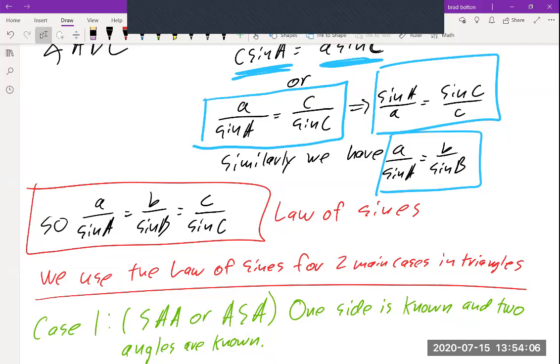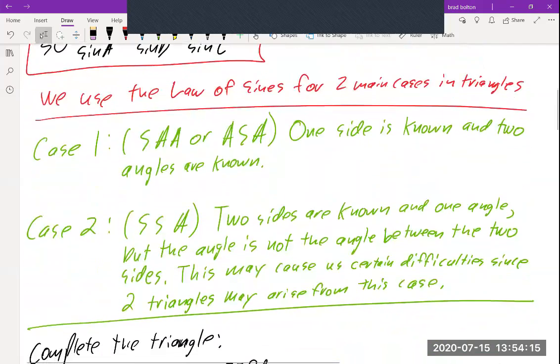So you could do sine of A over a is equal to sine of B over b. It really depends if you're trying to solve for a side length or for an angle. That's how you decide which one to put on the top and which one on the bottom.